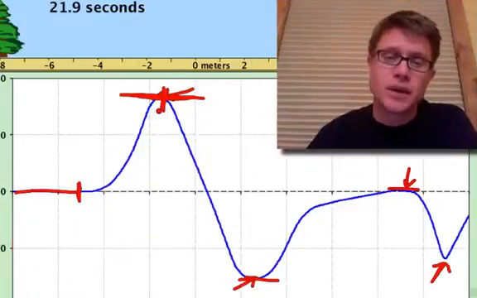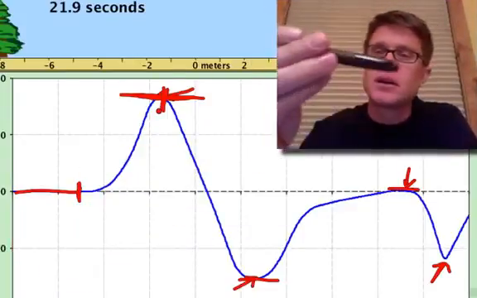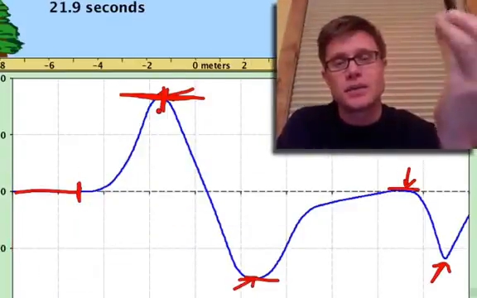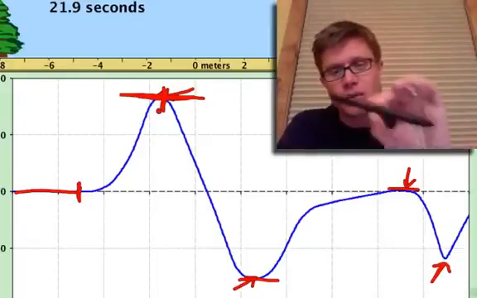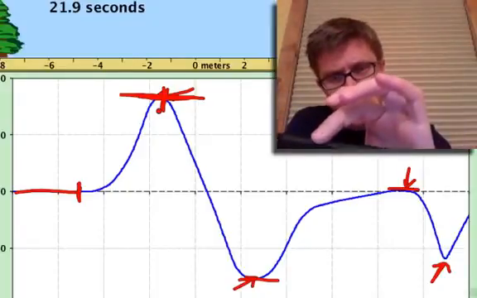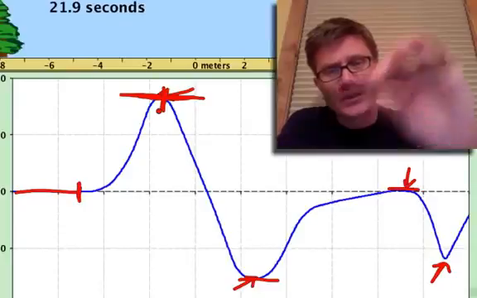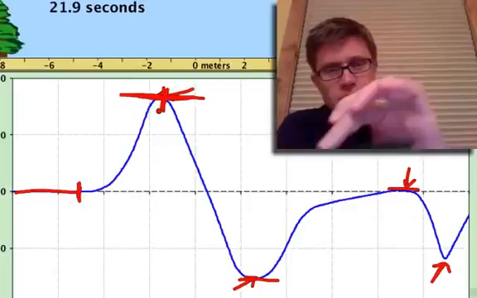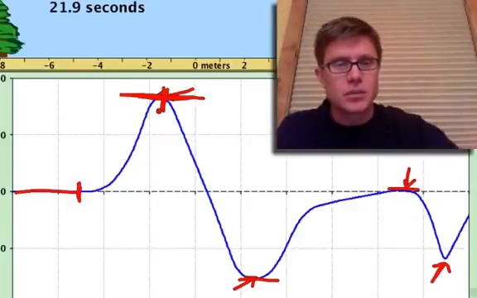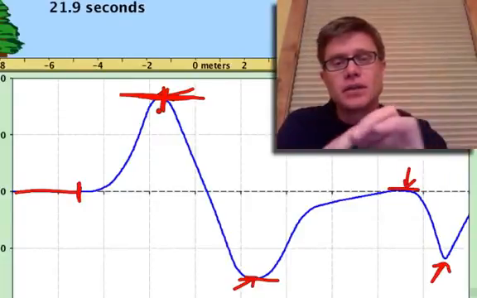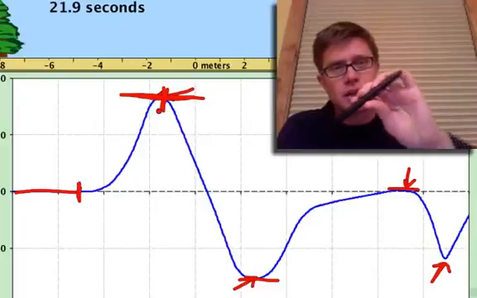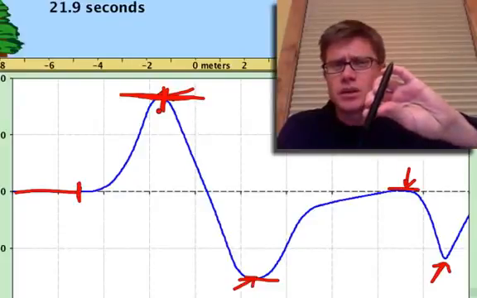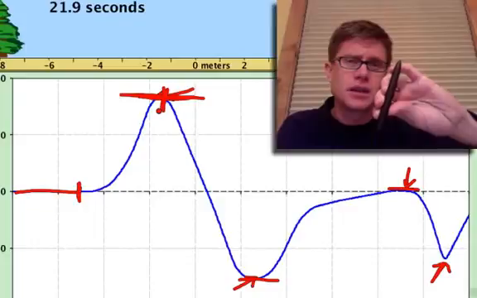The way that I'd use this is a little magic pen. And what do I mean by a magic pen? What I'll do is I'll actually hold this pen up to the screen or the graph or whatever I'm doing. As I follow the line, and it goes up and down and up and down, anytime the pen starts to increase, that tells me that the speed, or the velocity, is increasing.